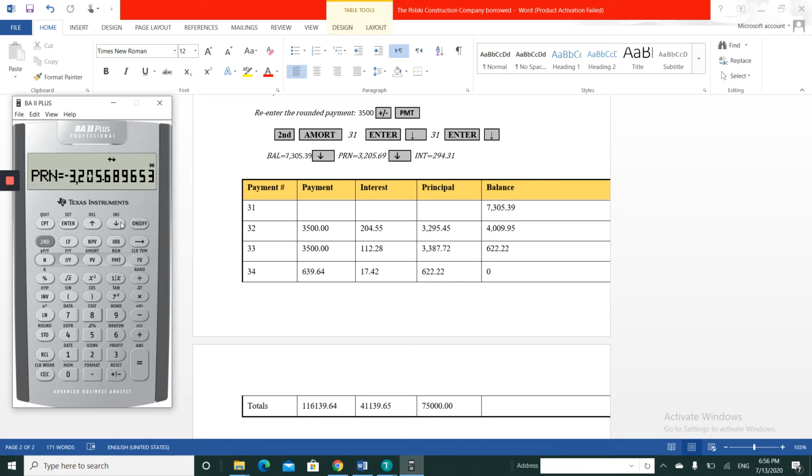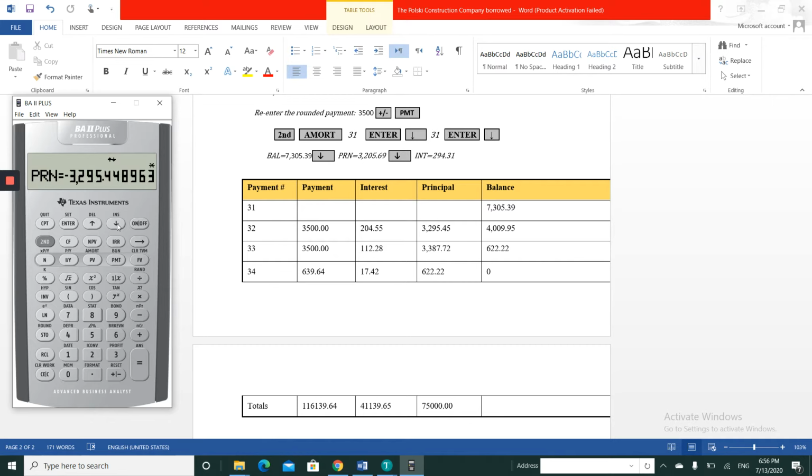So the next payment is payment number 32. P1 is 32, then enter, go down. P2 also is 32, then enter, again go down. You can see the unpaid balance for payment number 32. It's $4,009.95 after rounding.